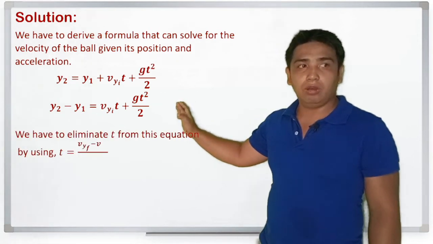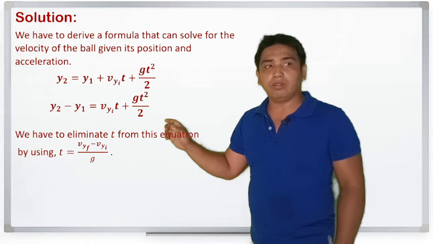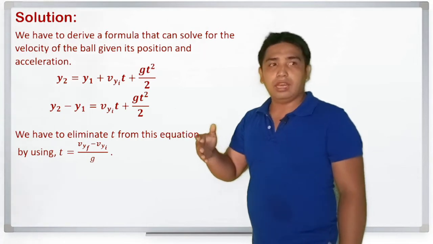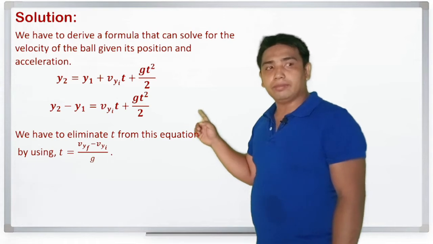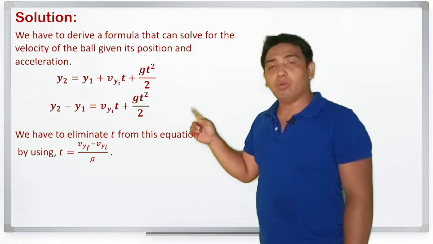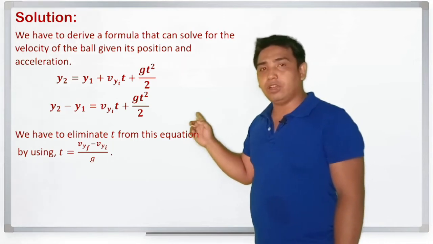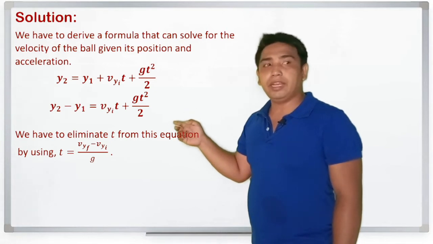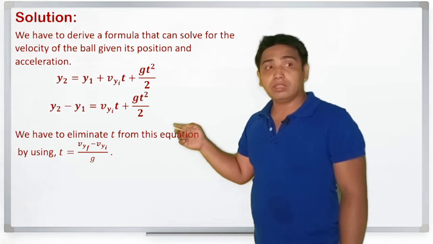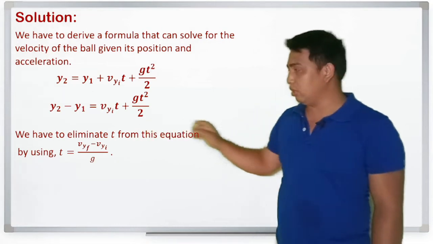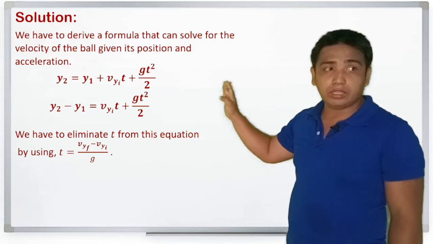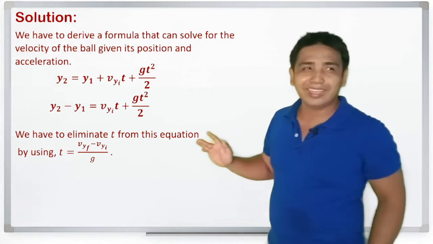In the process, we have found out earlier that we can use vfy minus vyi over g to substitute for time. Once we do that, this equation will change dramatically.